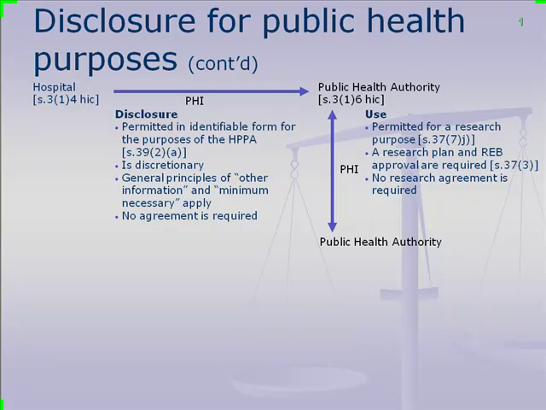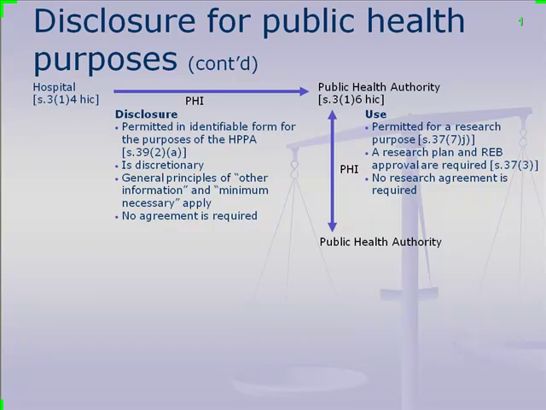And so then the question is, does the public health authority have to enter into a research agreement with the hospital? This could be assuming that the authority had the data, was using it for surveillance purposes for a couple of years, and then they decide, oh, we want to do some research on this.